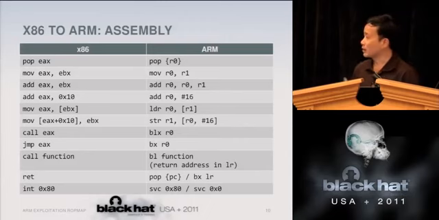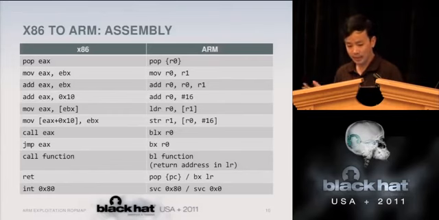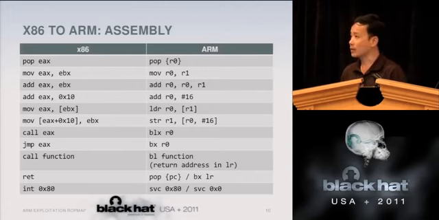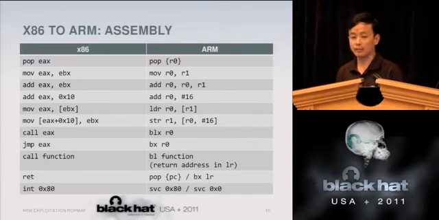The first one is loading a value from the stack. We have the pop instruction in both architectures, and in ARM it also allows you to pop many registers in one instruction, like just pop R2, R7, and even PC in just one instruction.